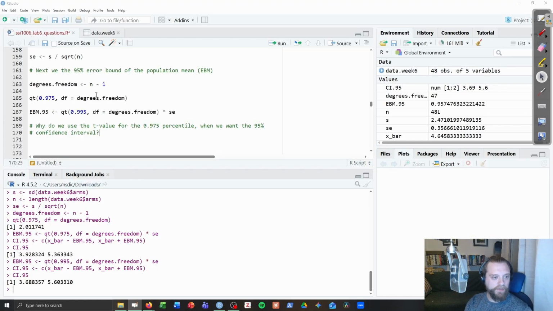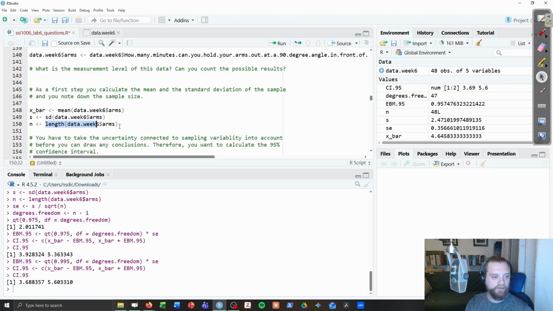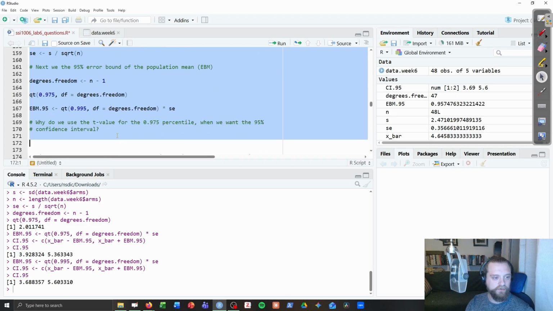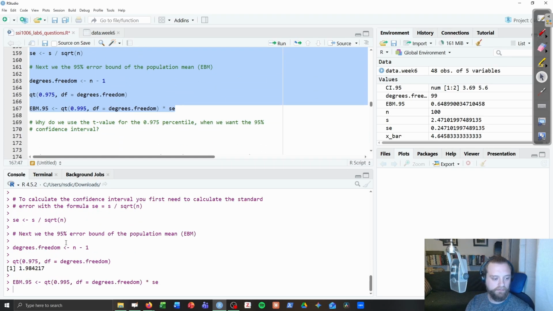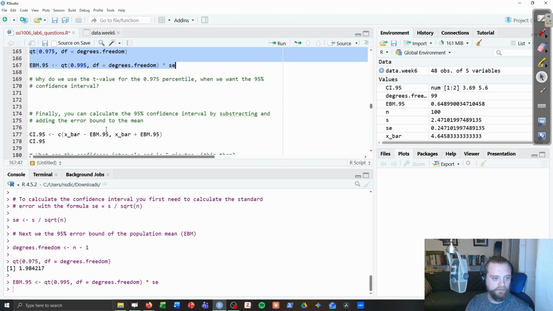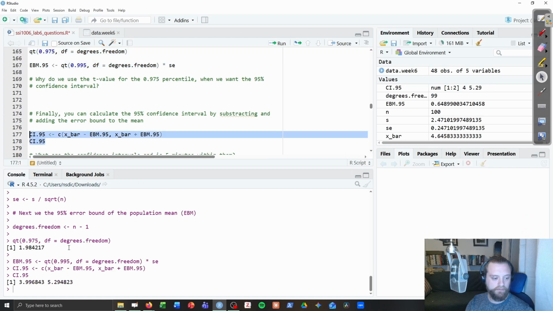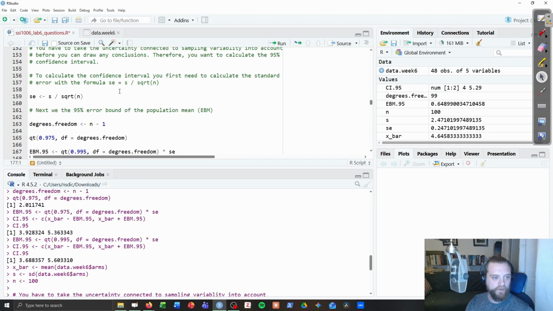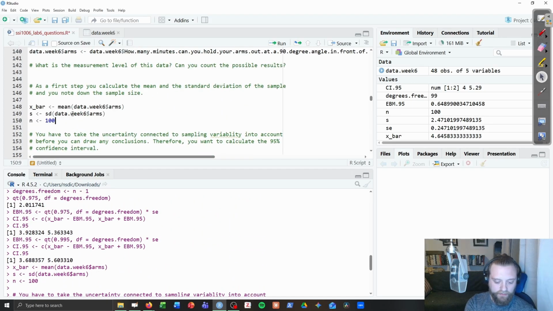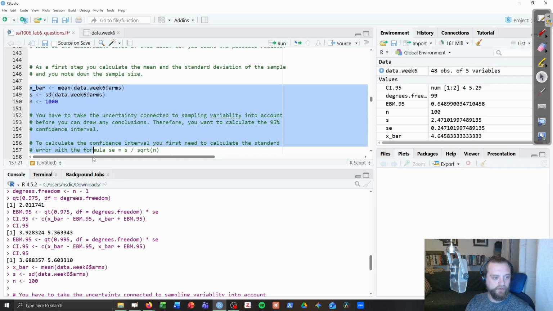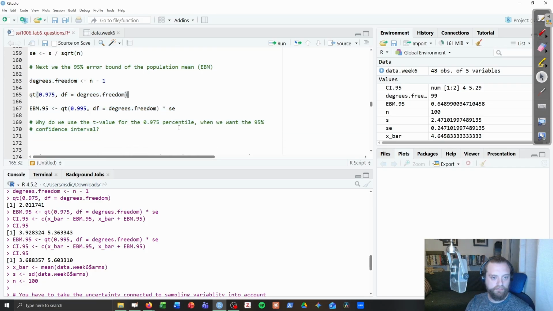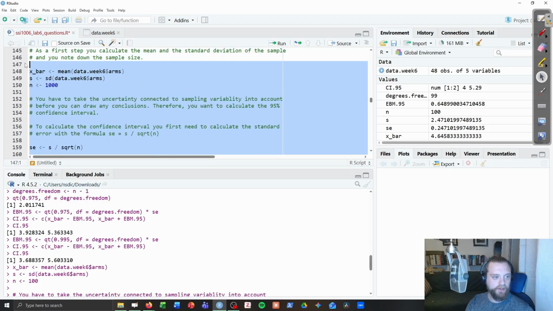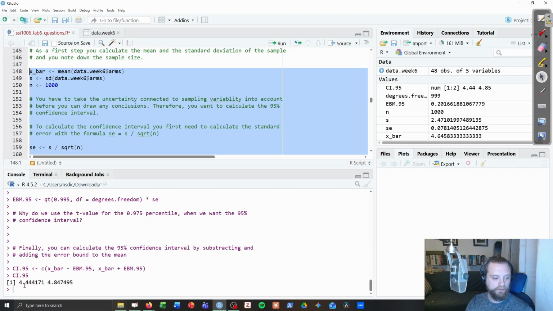And just to briefly look at what that looks like, we could just artificially change the n. So let's change this. It was originally 48. If we change it to 100 and run this again, we can see those are getting closer in again. And indeed, the sweet spot here is usually around 1000. So if I run this with an n of 1000, we're getting some pretty narrow ranges here.